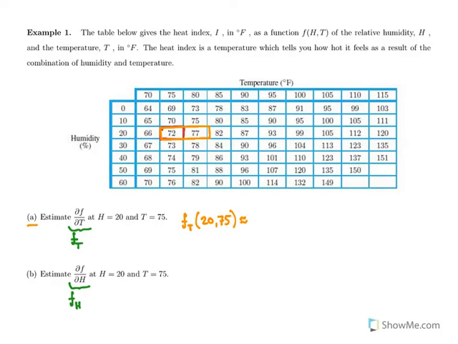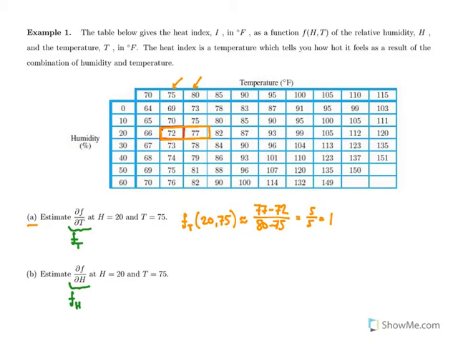So that is going to be 77 minus 72 over 80 minus 75. Again, that's the change in the function values over the change in the inputs. In this case, the inputs are our T values. And this will give us a 5 over 5, a positive 1. Now that's just an estimate with the given values that we have.